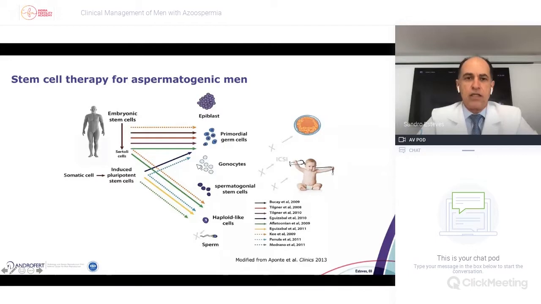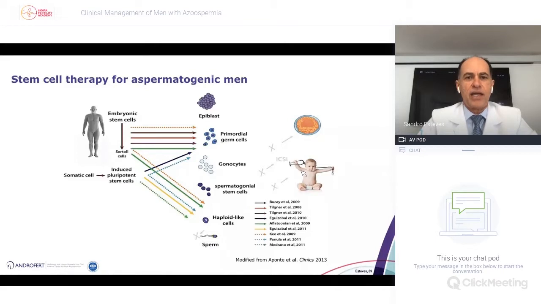These studies and several studies conducted using embryonic stem cells, using somatic cells that have been transformed into pluripotent stem cells, the different research groups have achieved stages like primordial germ cells, gonocytes, spermatogonial stem cells, haploid-like cells, but up to this point, no mature sperm have actually been achieved using stem cell therapy, and therefore, no results concerning ICSI.